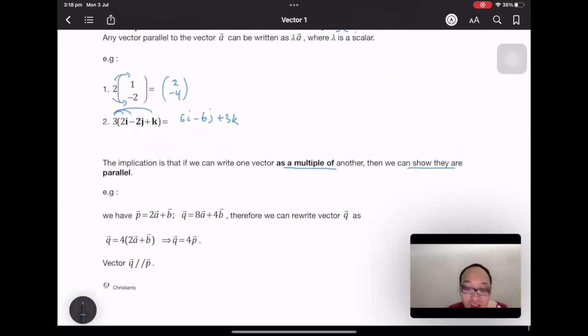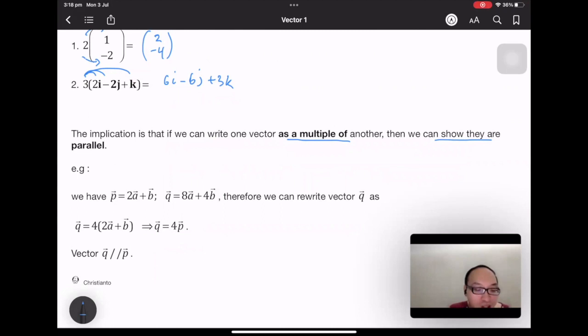For example, we have P is 2a plus b and Q is 8a plus 4b. So can we express this as a scalar multiplication? We can see from Q, Q can be rewritten as 4 times (2a plus b). We factorize the 4 out of the bracket.